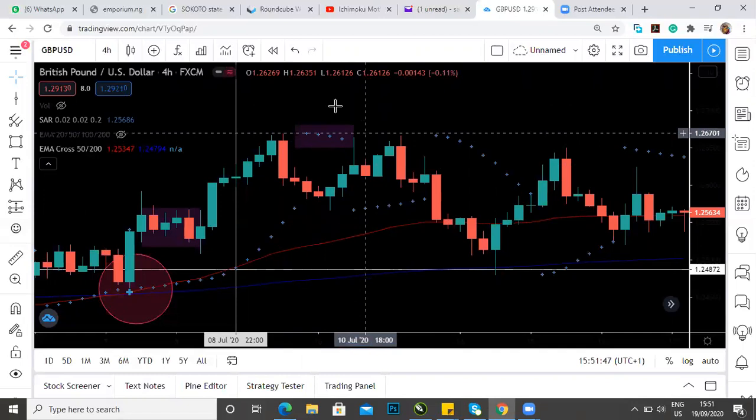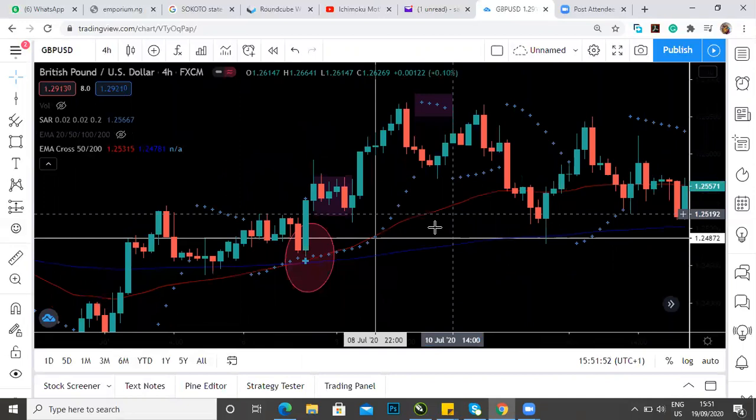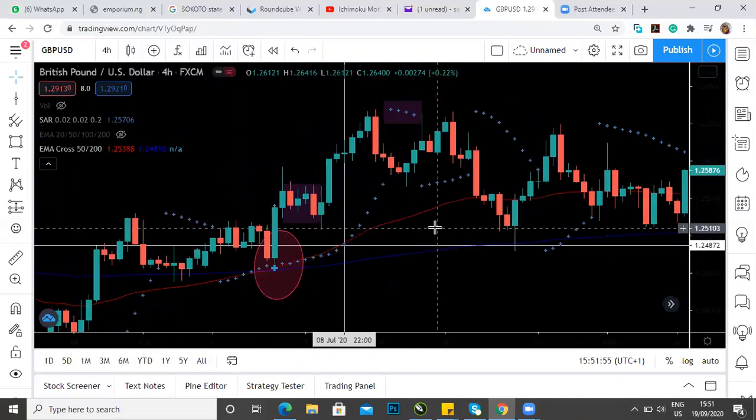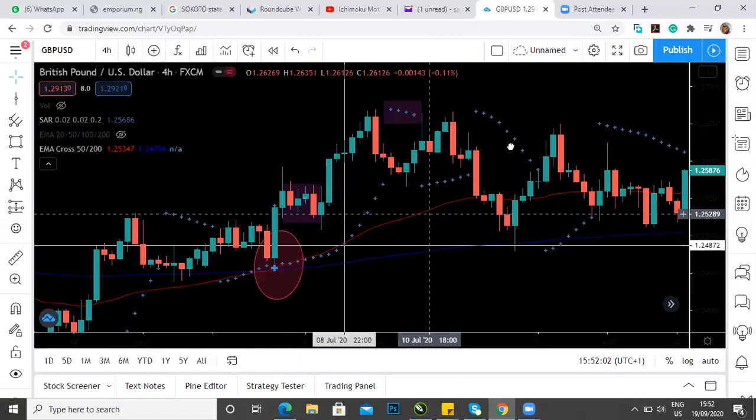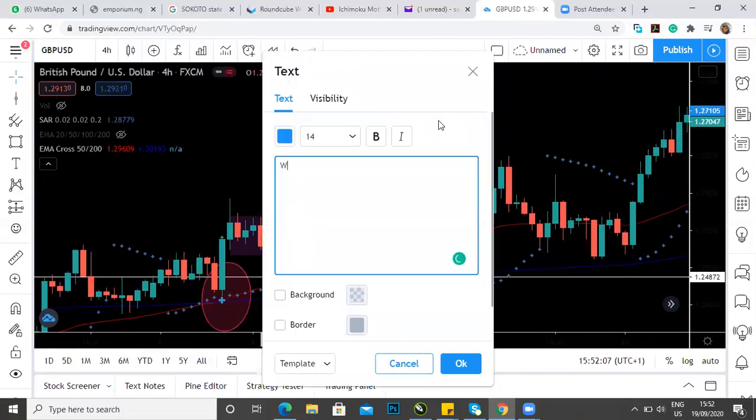And the reason why you don't sell is because of the help of the EMA cross, the EMA 50 and the 200. It's telling you, let me make it simple, you don't buy when the star appears above the candle, it's a pullback on an uptrend.